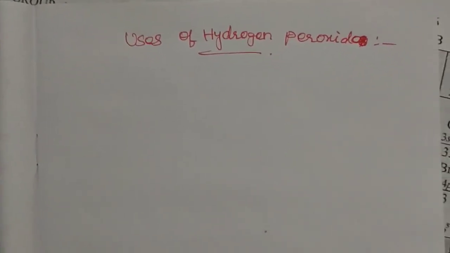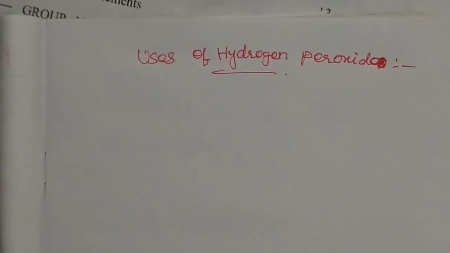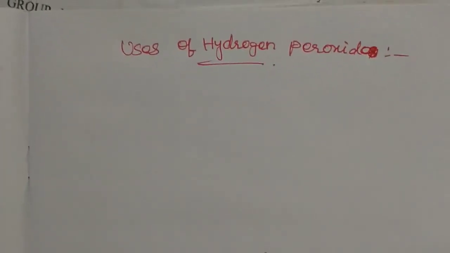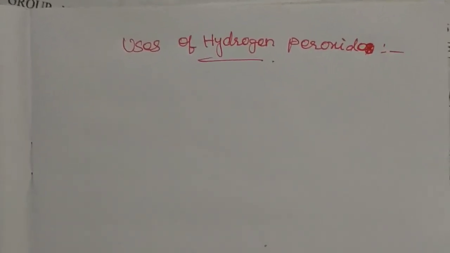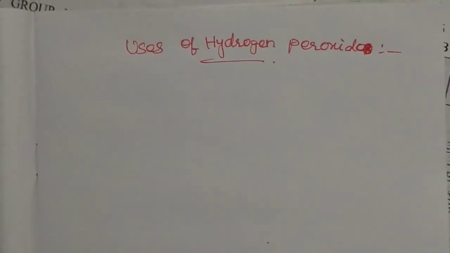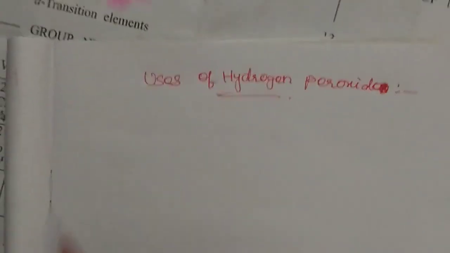Hydrogen peroxide is one of the important compounds for our daily life, because of the oxidation ability of this hydrogen peroxide and the harmless nature of the disproportionating compounds, H2O and oxygen.